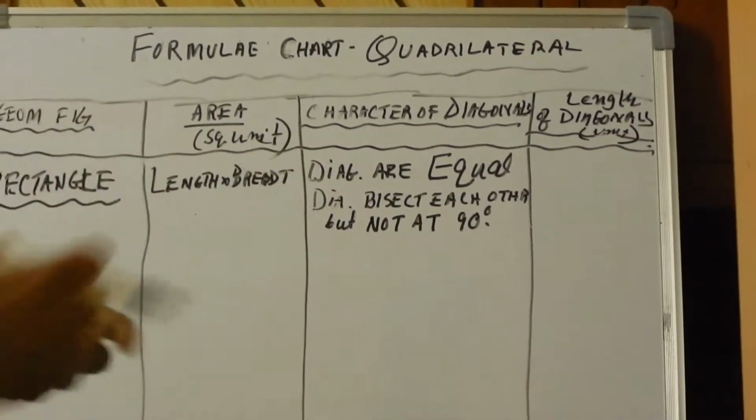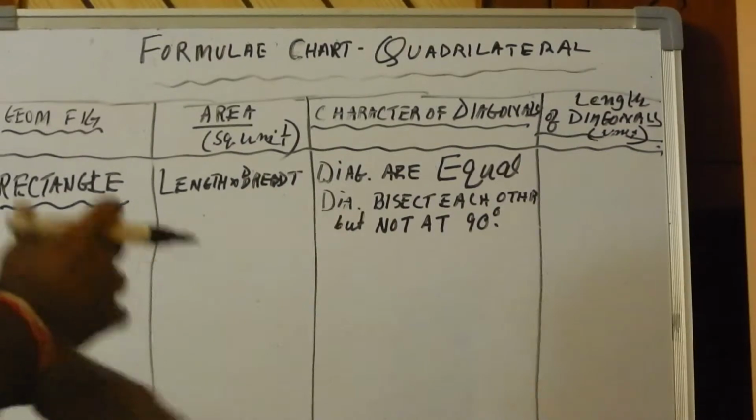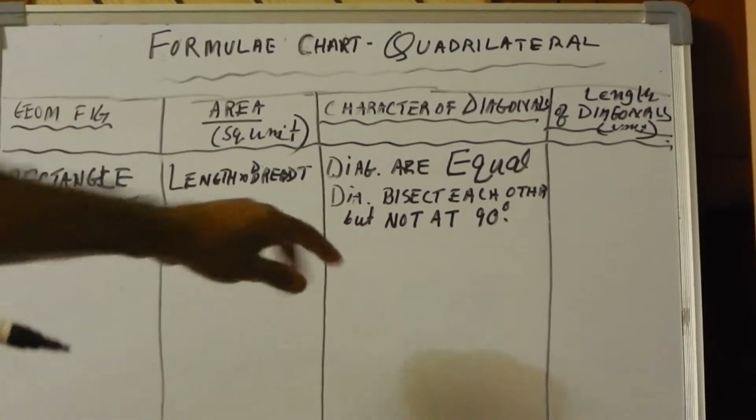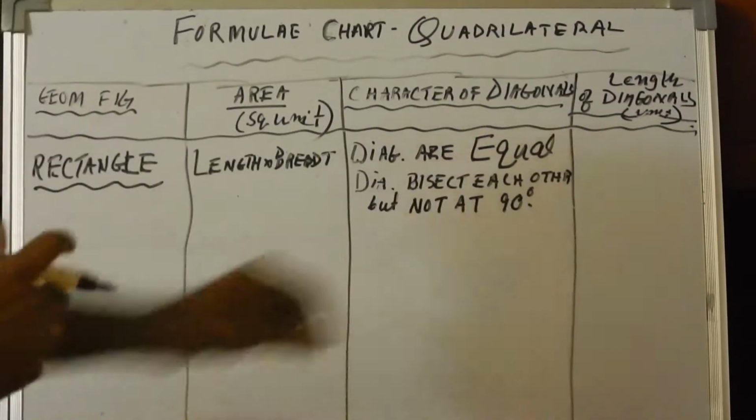Diagonals are equal. They bisect each other, but that bisection angle is never 90 degrees.